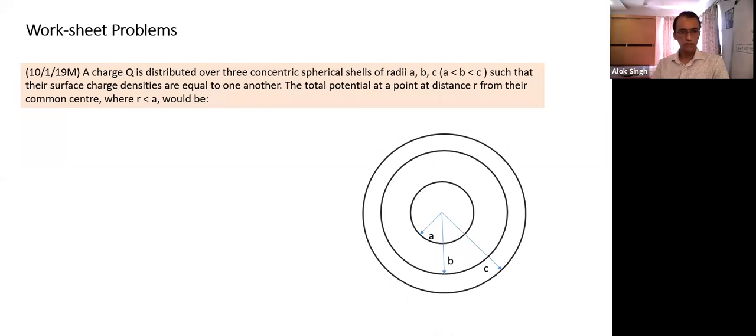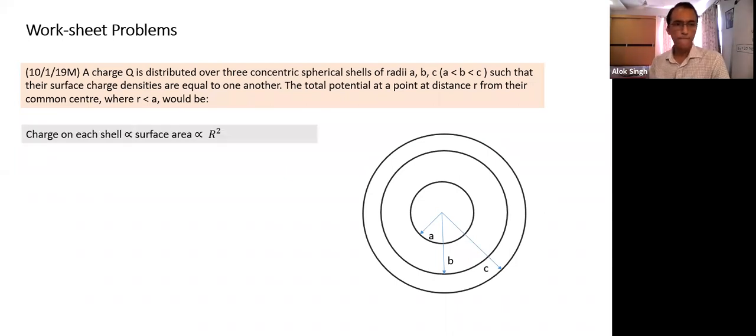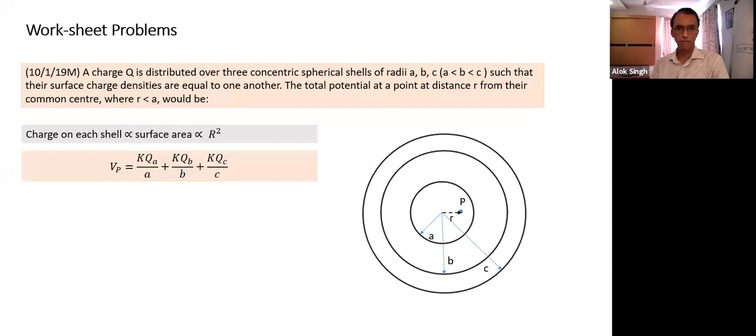Amrita, Akshat, okay. Actually, it's more of a mathematical manipulation. It's pretty simple. Charge on each shell is proportional to the surface area, which is proportional to the square of the radius.